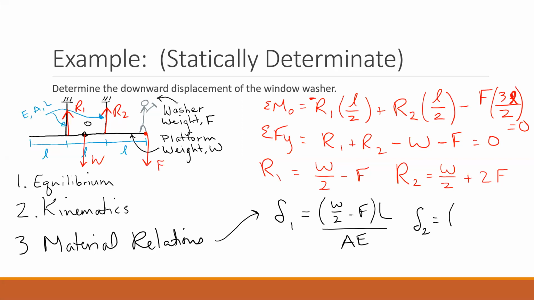And for del 2, it's going to be W over 2 plus 2F times L over AE. So at this point, we've actually solved this problem directly without looking at our kinematics. So with determinate problems, you'll notice that we really have more equations than is necessary to solve our problem.